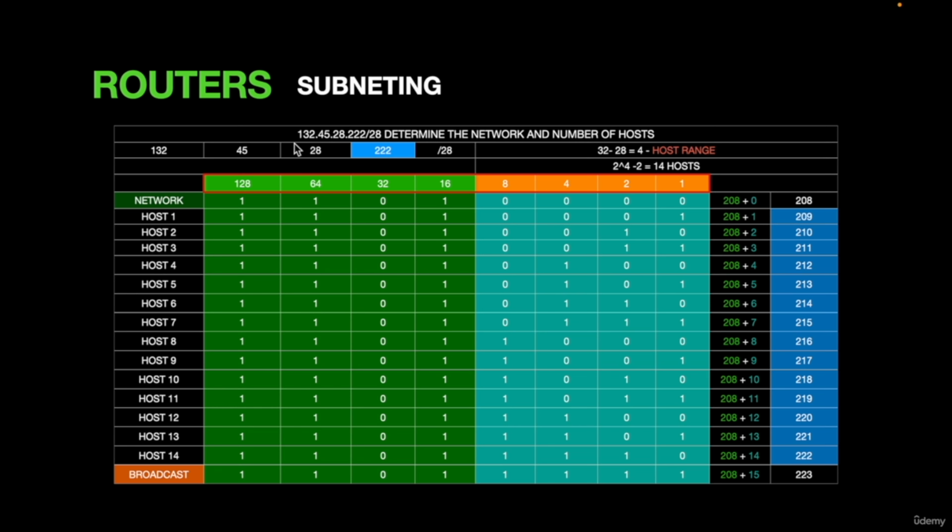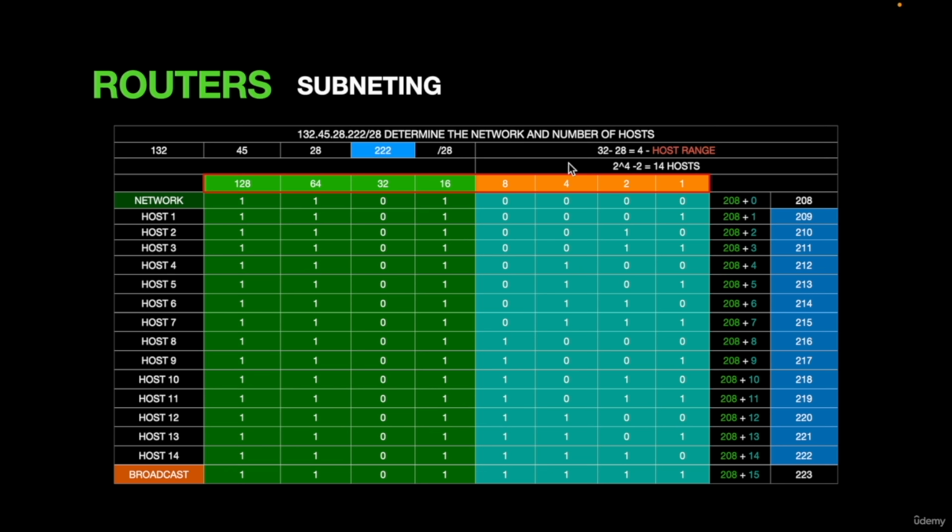We can have another example here, and I took a more complicated IP address, let's say. It's 132.45.28.222/28. So as discussed in the previous slide, the /28 is saying that the first 28 bits in an IP address represent the network address, and the remaining 4 bits will represent the host range.